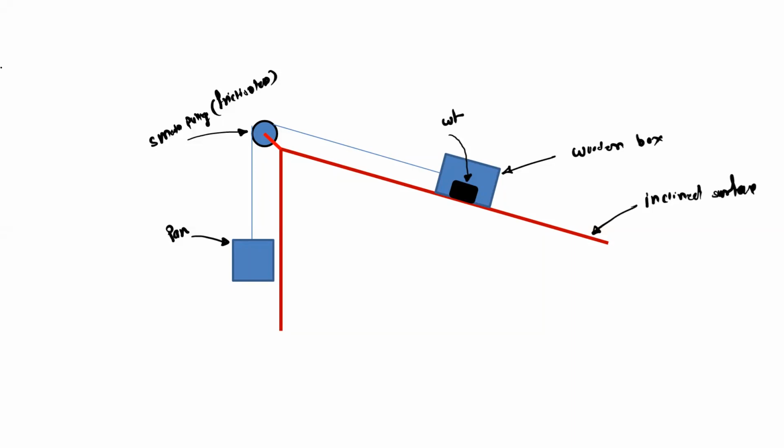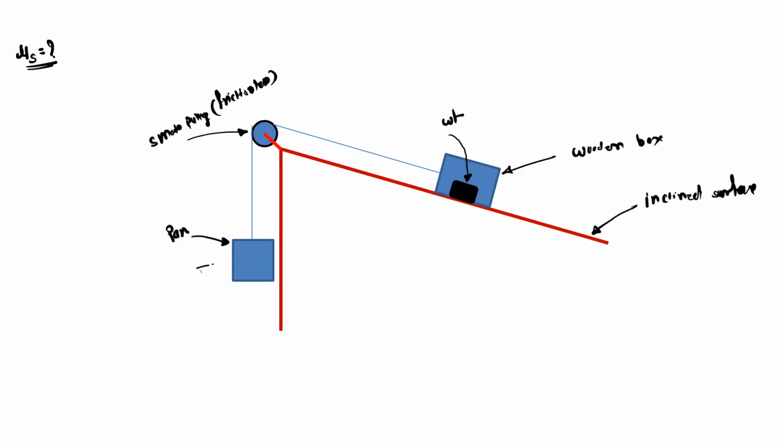Now our aim is to find out the coefficient of static friction between two contact surfaces. That means the surface of this wooden box and this horizontal surface, that is the inclined plane. For that, we have connected one pan with the help of this string which is passing over this pulley.